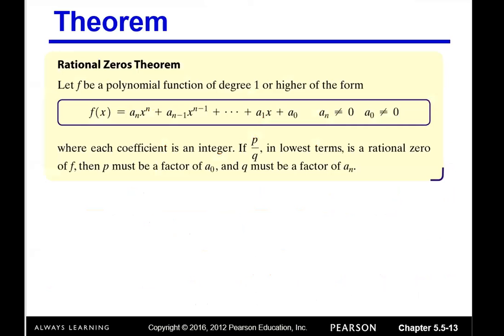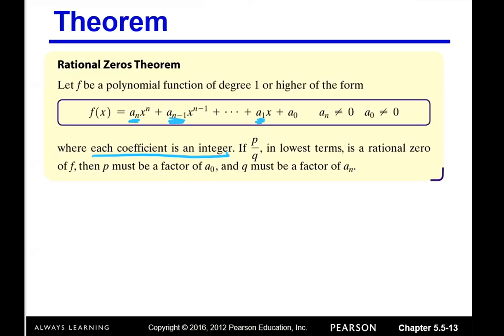The rational zeros theorem says, let f be a polynomial function of degree 1 or higher of the form, and they wrote all that out with the a's and stuff where it's got to be in descending order, where each coefficient is an integer. Remember, integers are positive and negative whole numbers. Your coefficients are the numbers in front.